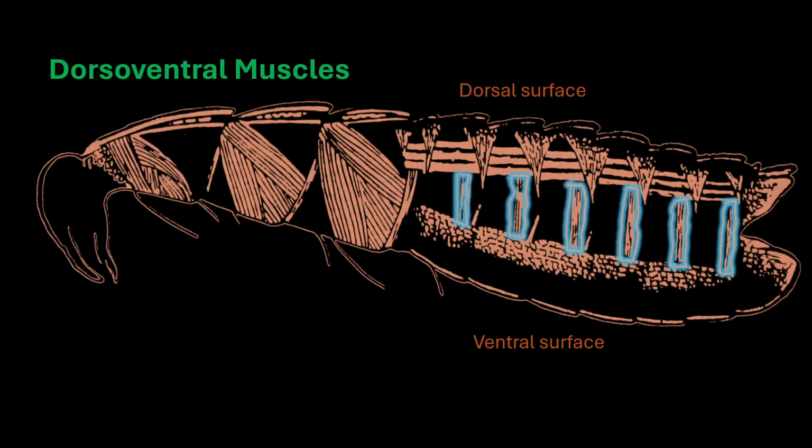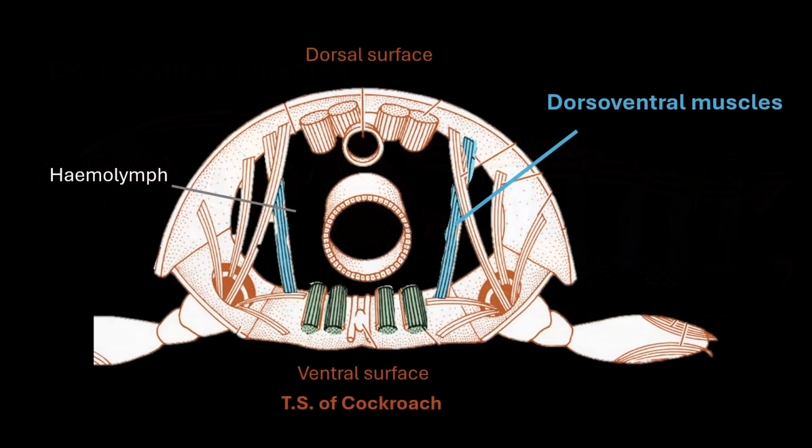Now, coming to the other set of muscles, which are known as the dorsoventral muscles. If we see these muscles from the sideways of the body, we can see these muscles running from back to the belly. And then in the transverse section, we could see these muscles attaching the dorsal and the ventral surface.